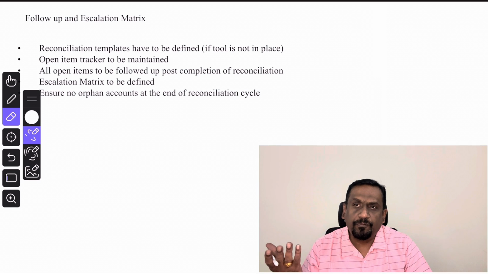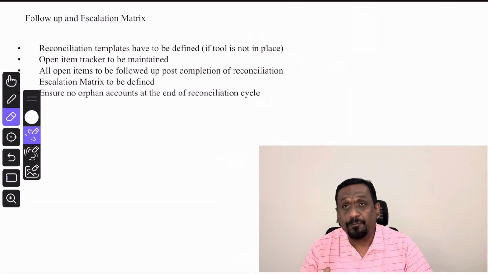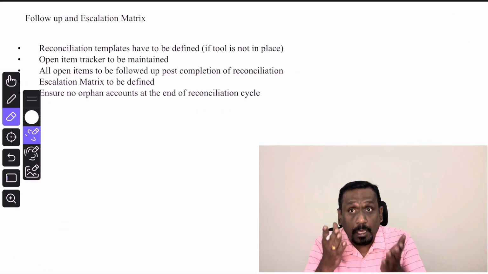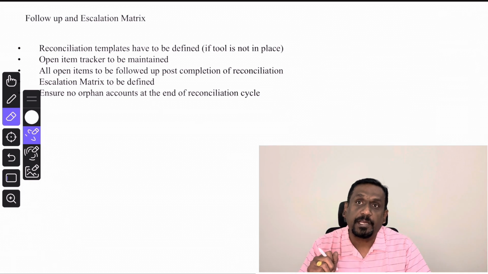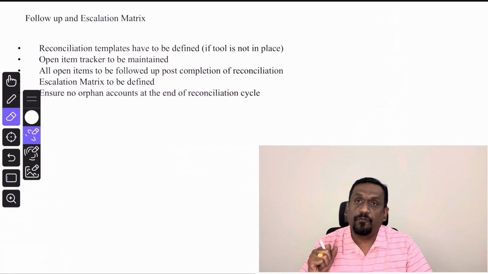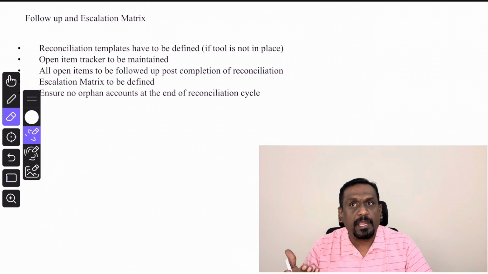They will hardly have a few journal entries to be posted for cash and bank transactions. They will not have much work. Please come out of that. R2R people will have much work, but we don't do that. That's the problem. You know what R2R people are supposed to do? They are supposed to do the follow-ups and get the corresponding entries for all these things. They need to maintain the tracker. They need to maintain the follow-up details. They need to escalate on a timely basis. There are many things to be done.